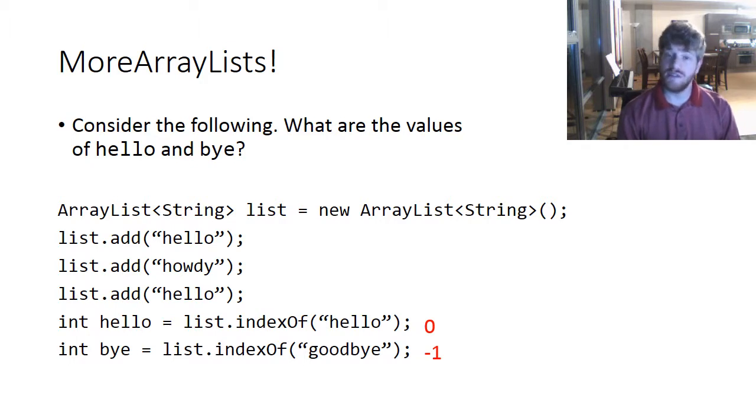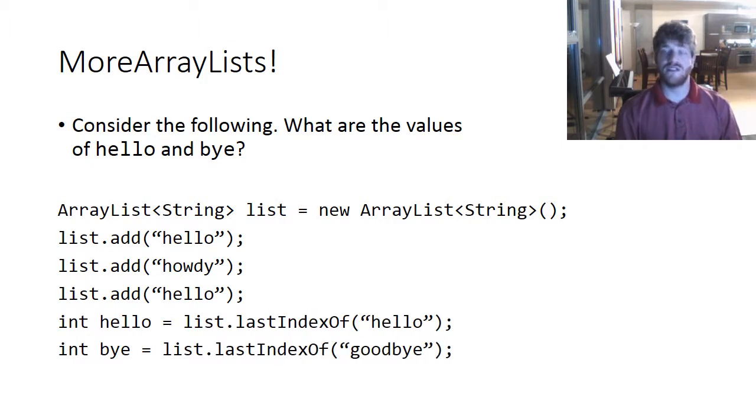The first one is 0 because we return the index of the first occurrence of the element we're looking for. The element we're looking for is hello, and that's in index 0 and in index 2. But the first occurrence is at index 0, so that's what indexOf returns. And goodbye returns -1 because goodbye is not in the list.